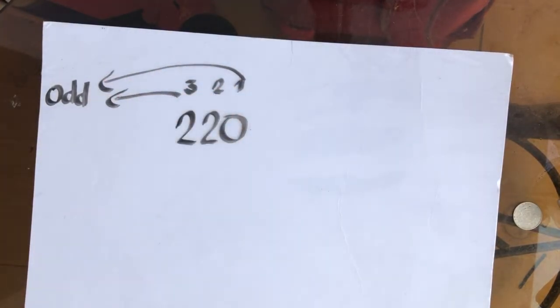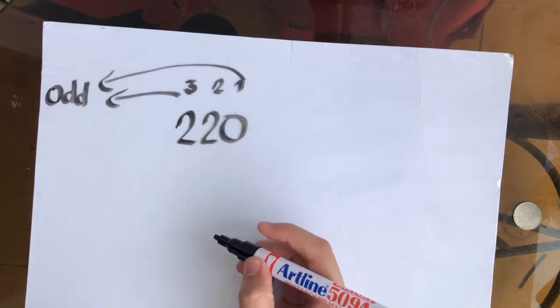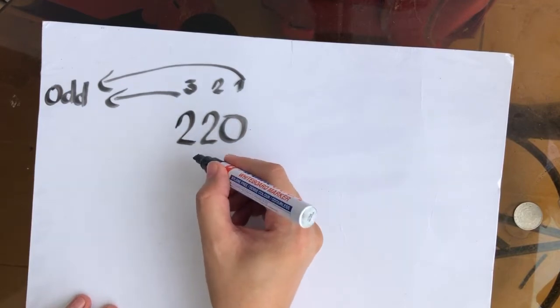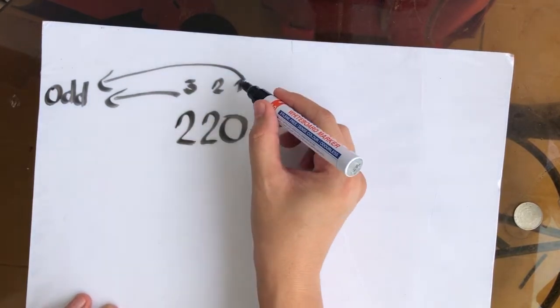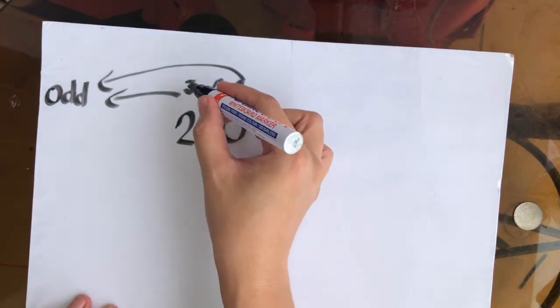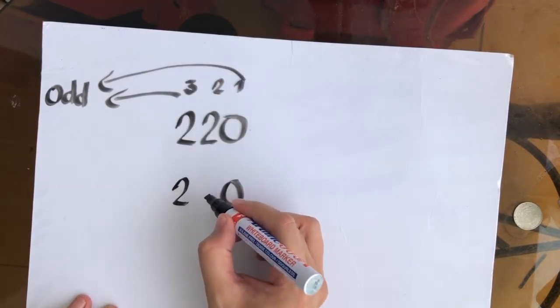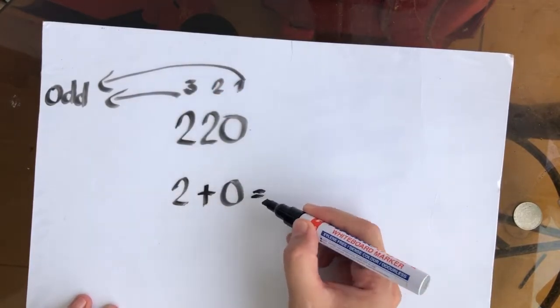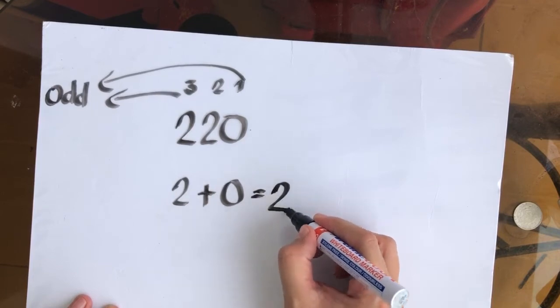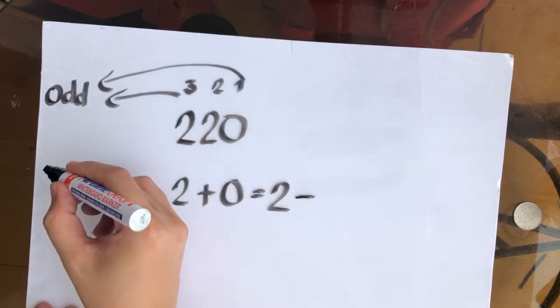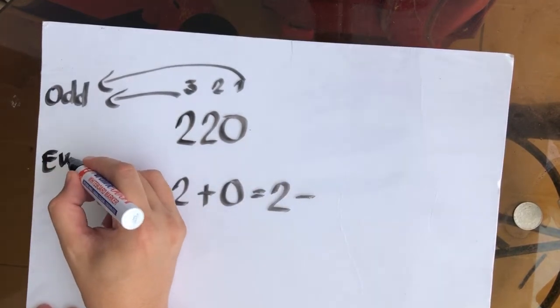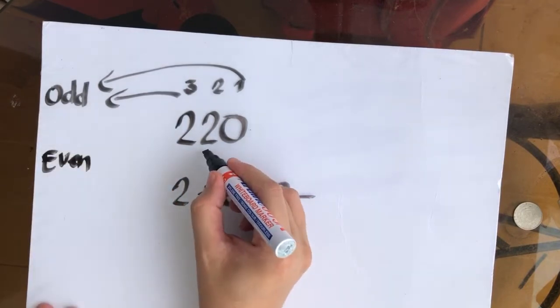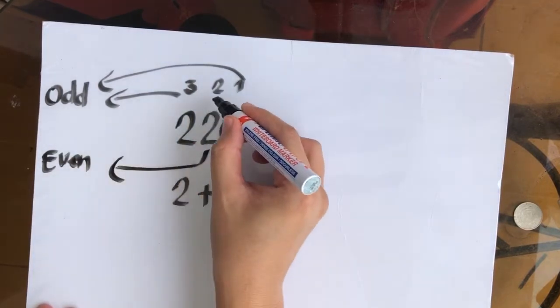Okay? So, sabi daw doon, i-add natin sila. So, ang number na nasa 1 ay 0. Ang number na nasa 3 ay 2. Add mo sila. You will have 2 minus yung number na nasa even place, which is the number 2. Ayun.